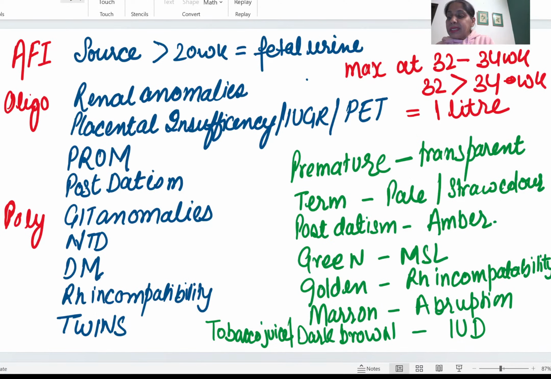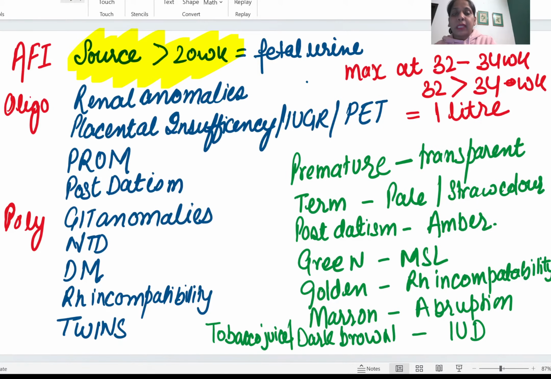Okay. Now let us discuss about the amniotic fluid index. It's a very small slide. On this slide itself, your 9-10 questions will get covered, which have been asked about the amniotic fluid in the past. First of all, always remember that amniotic fluid, its source after 20 weeks is nothing but fetal urine.